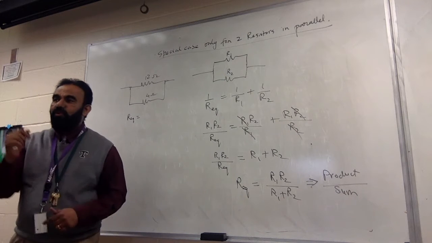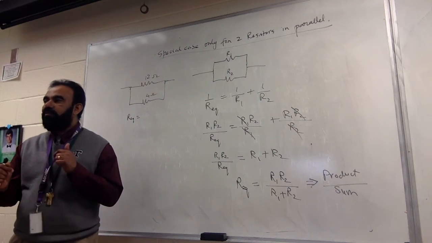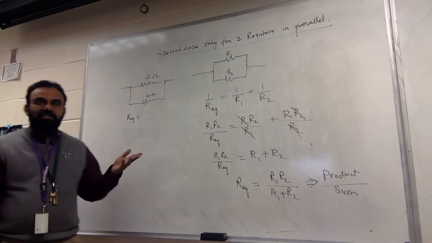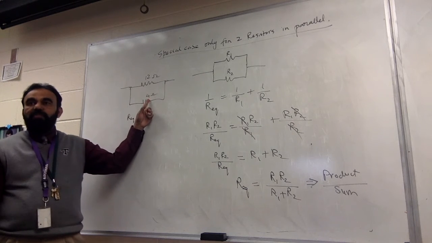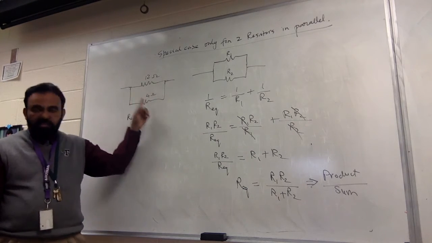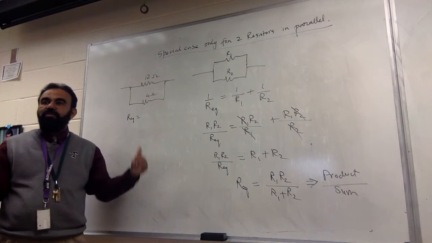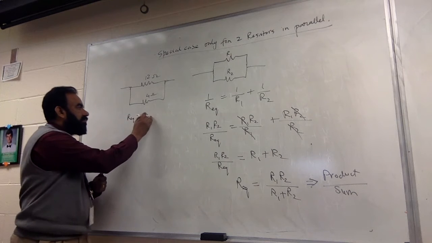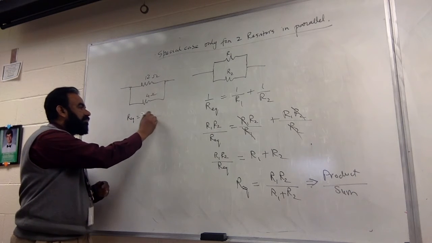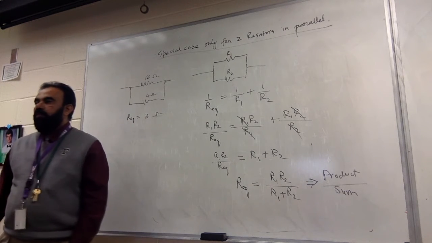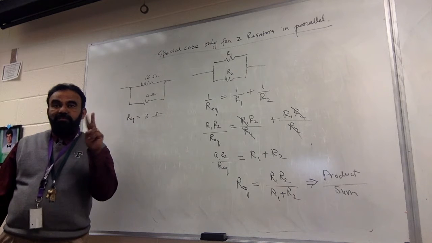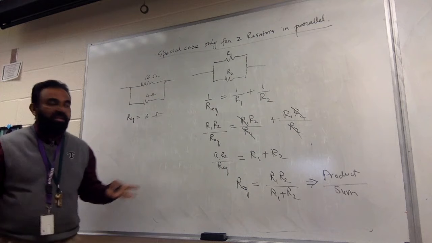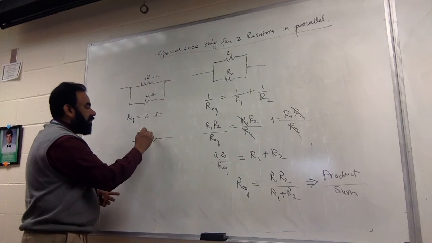So instead of doing 1 over 12 plus 1 over 4 equals 1 over R equivalent and working it out that way, this is faster. 12 times 4, which is 48, over 12 plus 4, which is 16. So 48 over 16 is 3. So the answer is 3. So this is applied only for two resistors only.